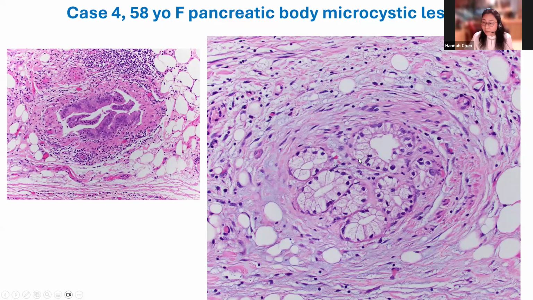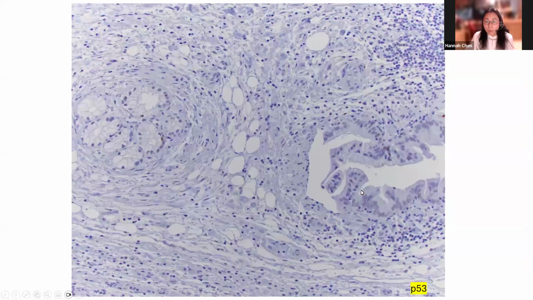And also, these tumor cells look different in morphology. They show abundant cytoplasm and rhabdoid nuclei. What we did, we did several immunostains. P53 shows a wild-type or more normal nuclear staining pattern.